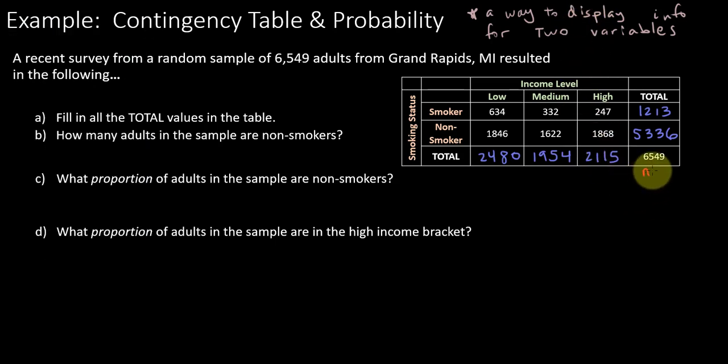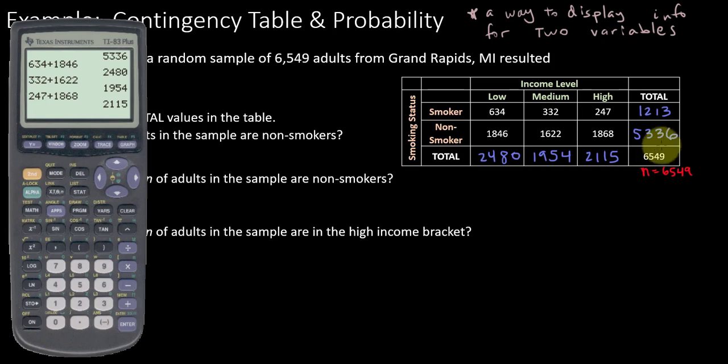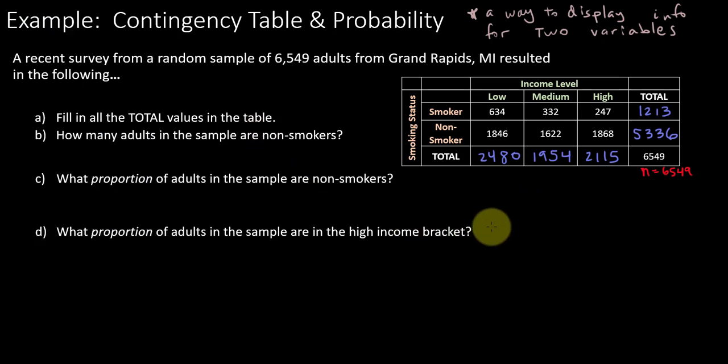That's N is 6,549. And the sample size should be the sum of these totals, either vertically or horizontally. Let's double check. Indeed. Okay. So part A, we have completed that task. Check.